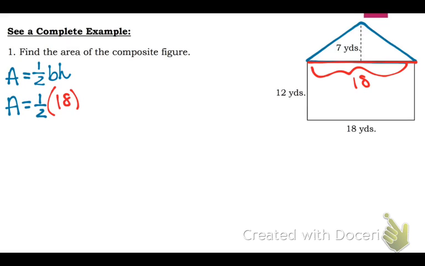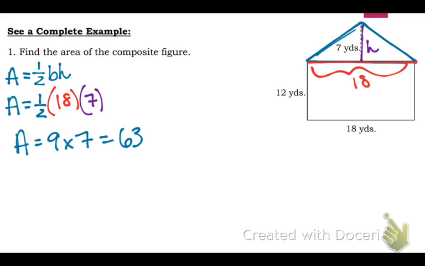So times 18, and then what is the height? 7. Does it matter what order you multiply in? No. So what's 1/2 of 18? 9, and then 9 times 7, 63. So the top, if I shaded all this in, the top is 63 yards squared. Okay, that's not our final answer, that's just the top piece.